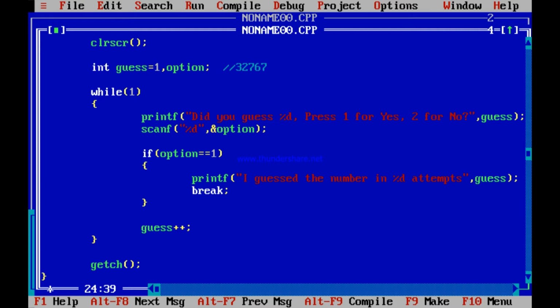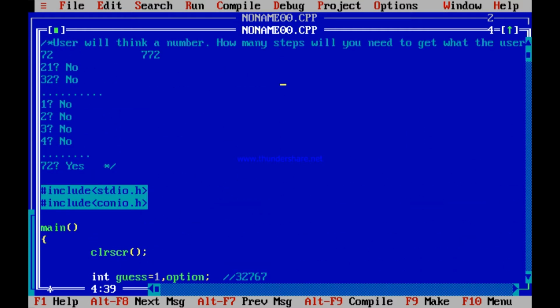Suppose the user guessed 12 and you ask the user something like, did you guess a number less than 70? The user will say yes. Then you ask, did you guess a number less than 35? The user will say yes.